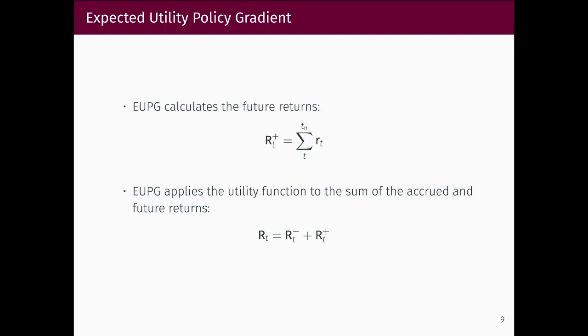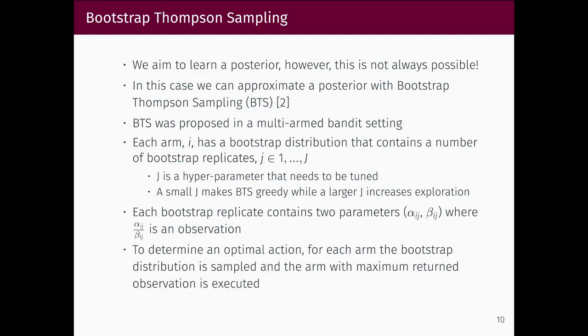Then to get the utility in this scenario, we simply apply the utility function to the cumulative returns, which is the sum of the accrued and future returns, RT. You just apply the utility function to this return vector, and we get a scalar utility that we can then optimize. And this learns a policy for the expected scalarized returns criterion.